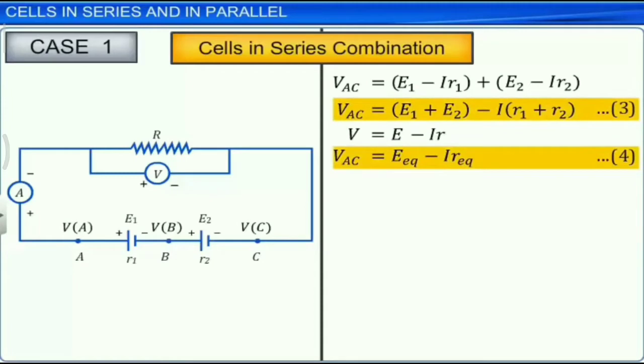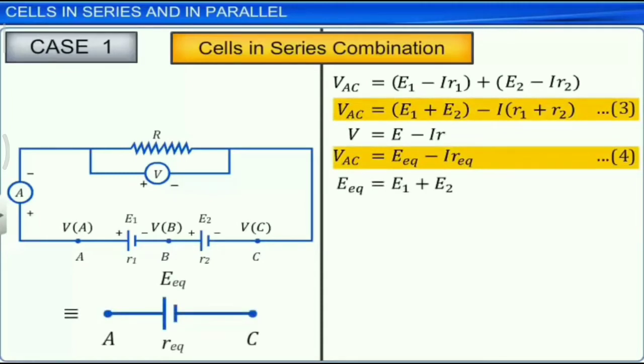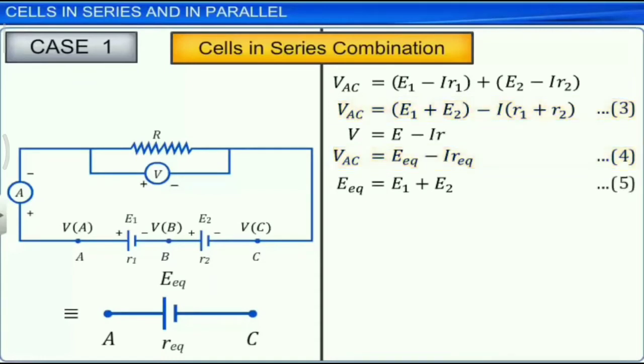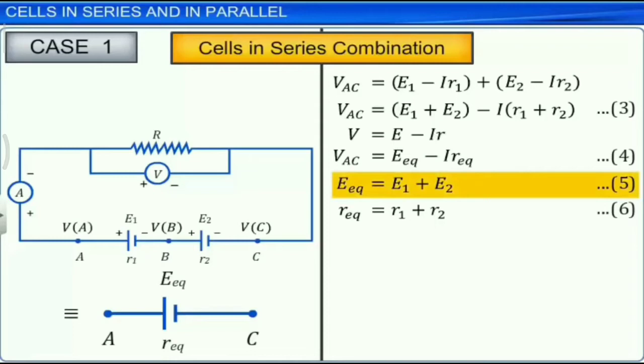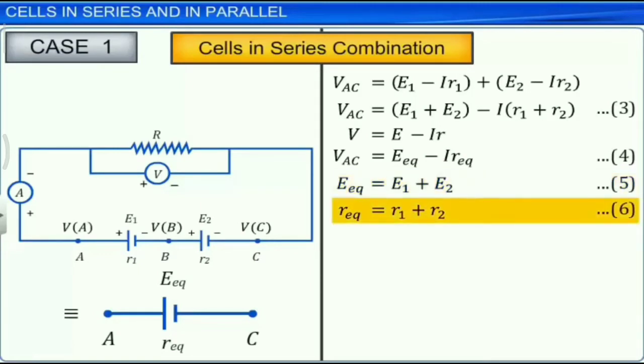So equation 4: E equivalent is equal to E1 plus E2, and R equivalent is equal to R1 plus R2.